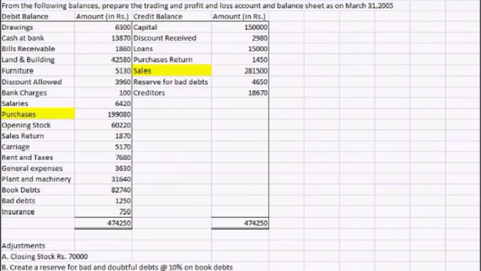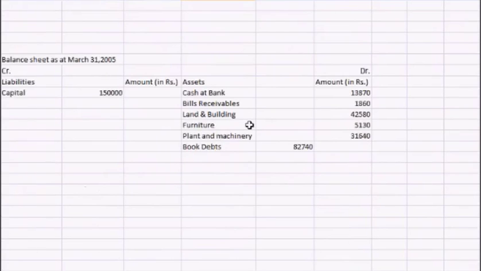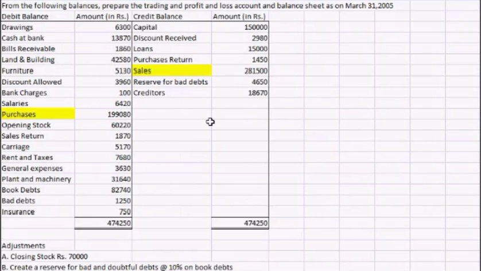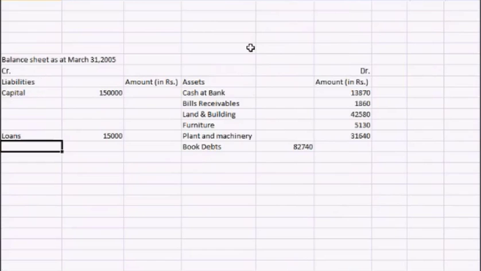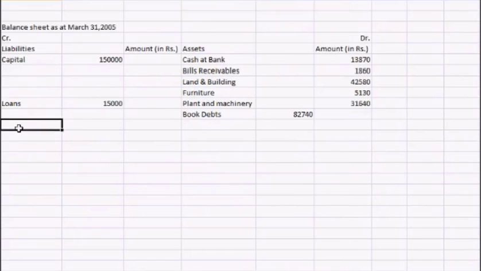Keep the amount here. Then we have loans. Loans is a part of liability. Just write loans. We have adjustment for loans. As we have seen, there was an interest due, so keep that for adjustment. Keep it open for adjustment.